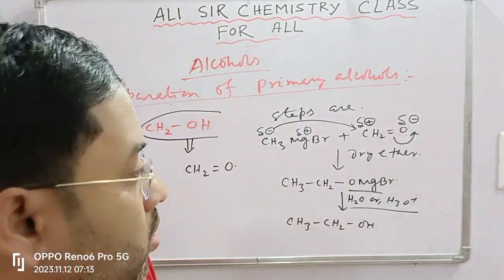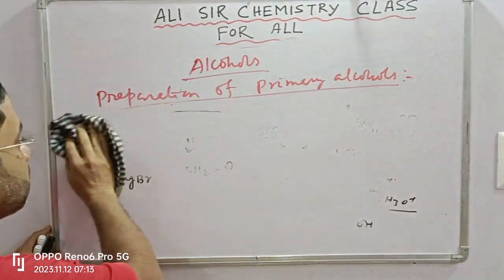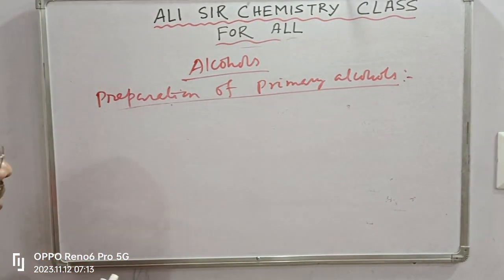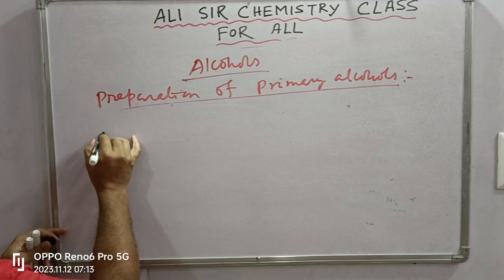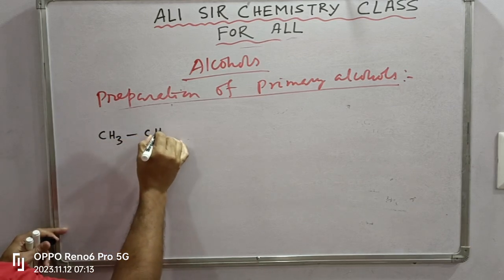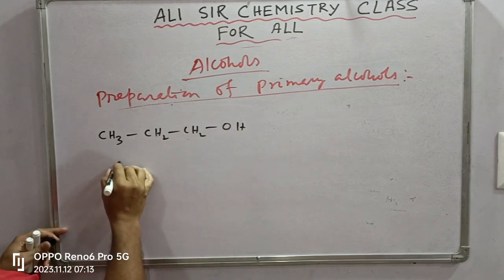We are taking one more example. Say you have to prepare CH3CH2CH2OH. This is propanol.